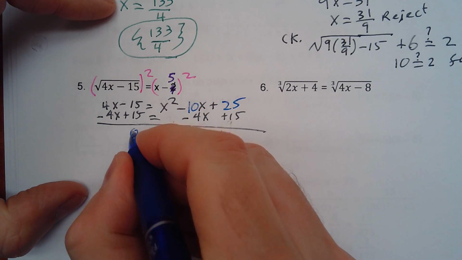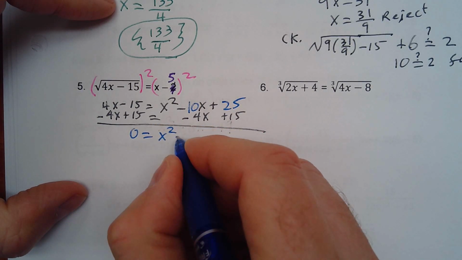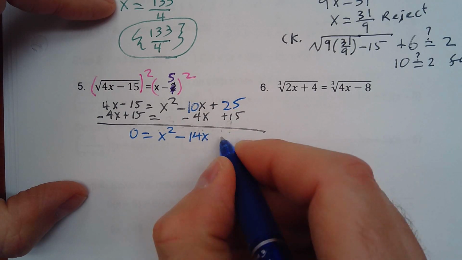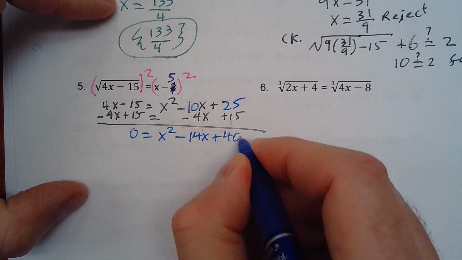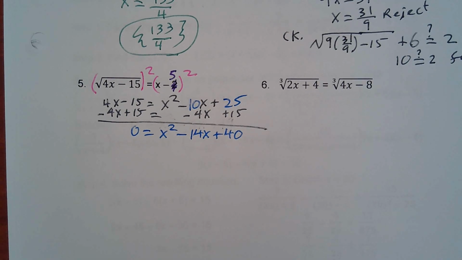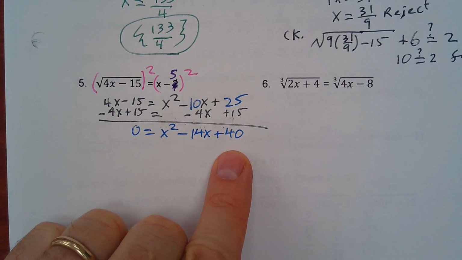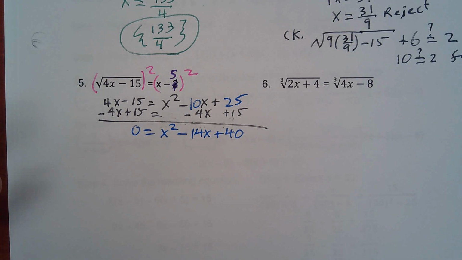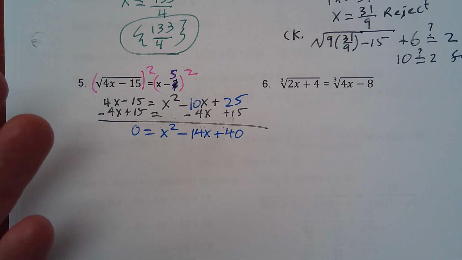So this would be 0 equals x squared minus 14x plus 40. This thing actually factors. Look at 40. 4 times 10. Both of them are going to have to be negative.